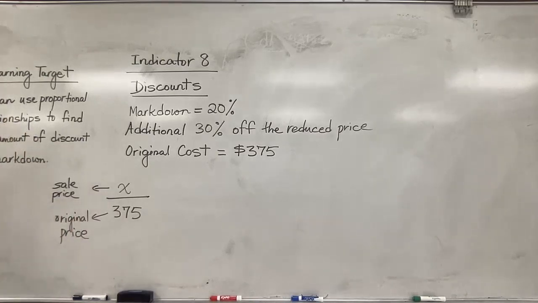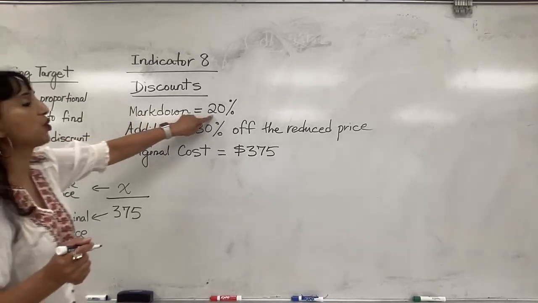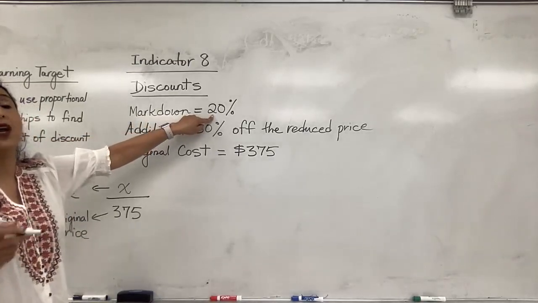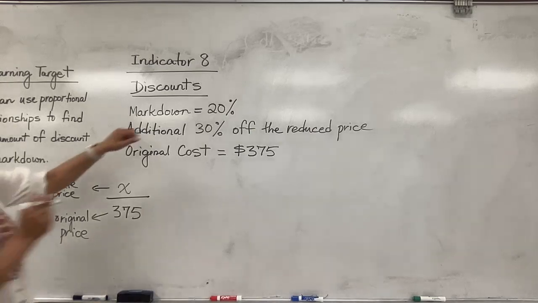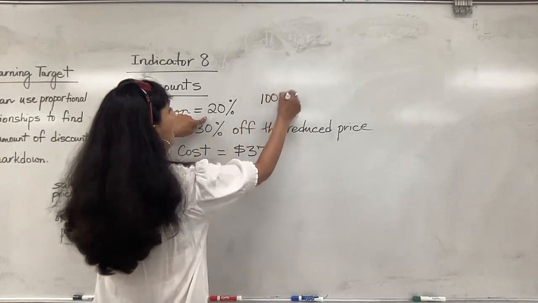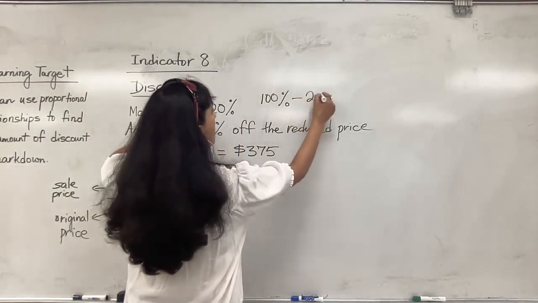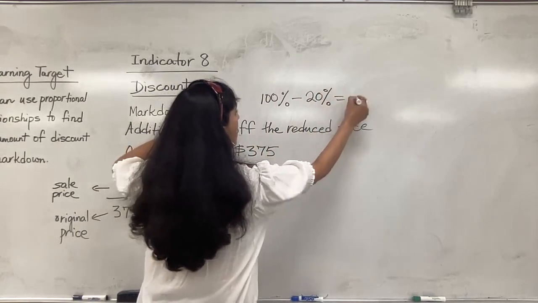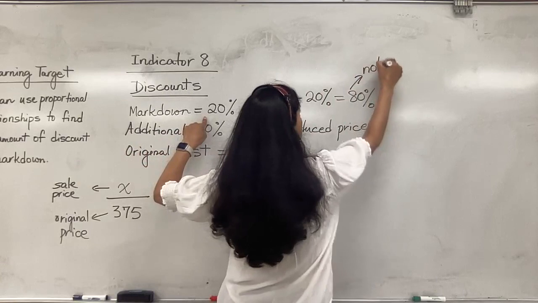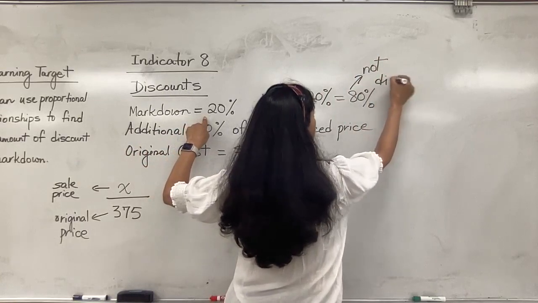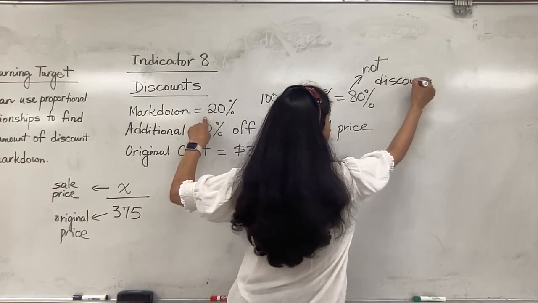And then I am looking at, if the markdown is 20%, what is not marked down? That is always good because you can straight up write the percent, which is 100% minus the 20%, which is 80%, is not discounted or not marked down.